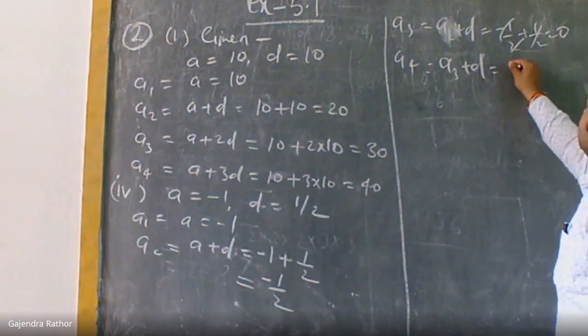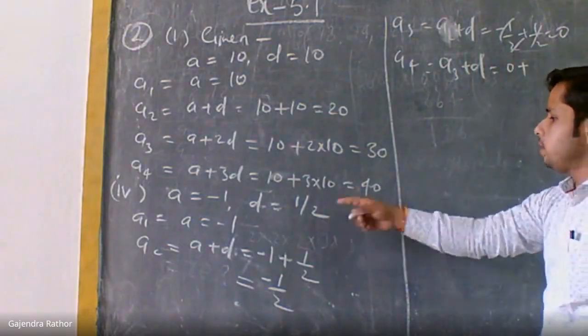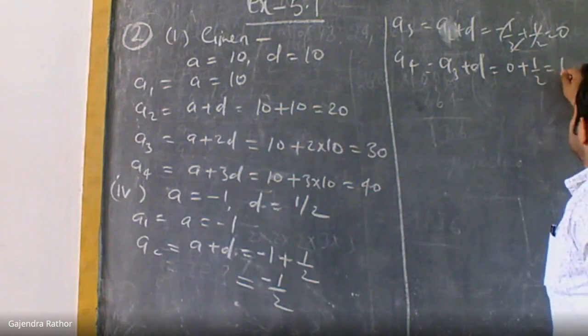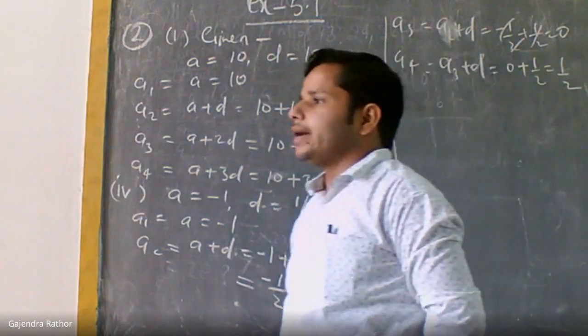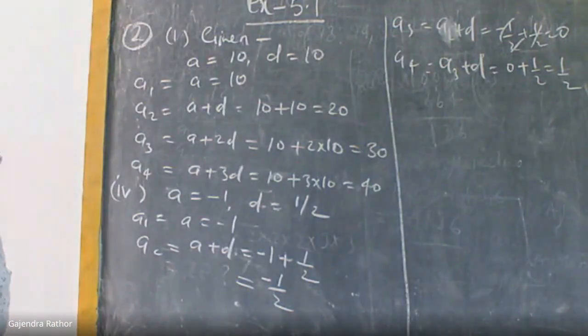What is a3? 0 plus d, 1 by 2. So the answer is 1 by 2. So we have both types. We can use the standard form of an AP, or we add the common difference to the preceding term. Both are correct.